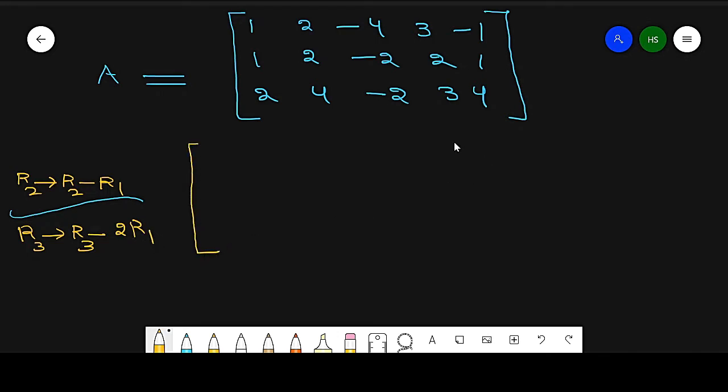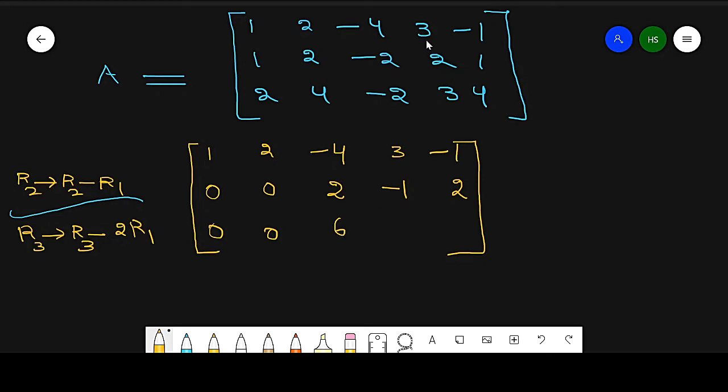So this will become 1, 2, minus 4, 3, minus 1; then 0, 0, 2, minus 1, 2; and then 0, 0, 6, minus 3, 6. So this is my first step.